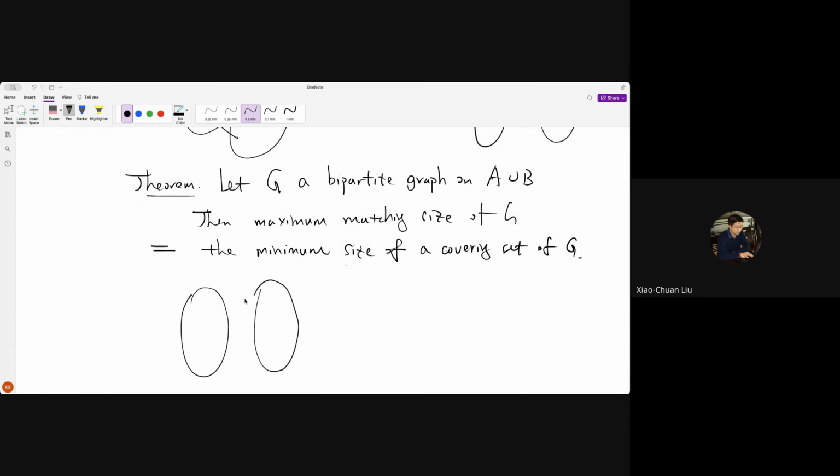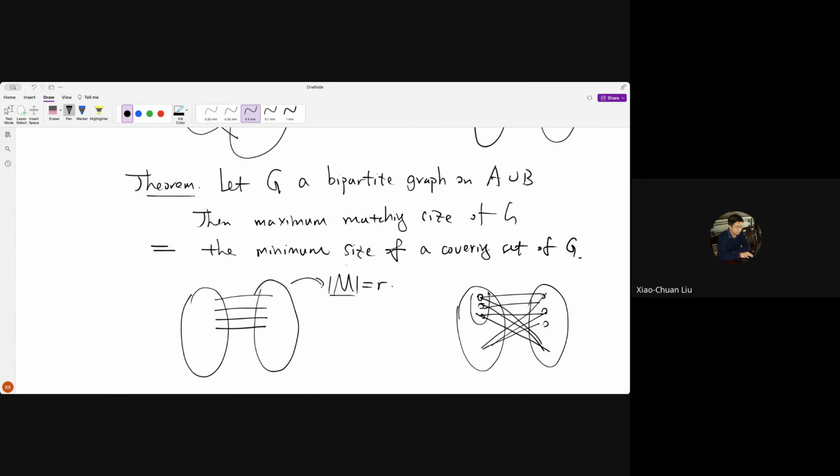So what is the theorem? Let me try to find the maximum matching. For example, this is M. This is a bipartite graph, so the matching has to be something like this. This is the maximum matching, for example, of size R. What is the covering set? We choose some vertices here and some vertices here, so all the edges have an end either here or here, and maybe something between.